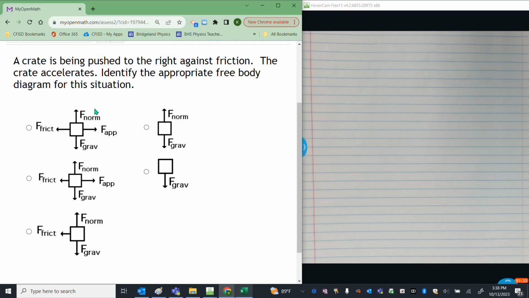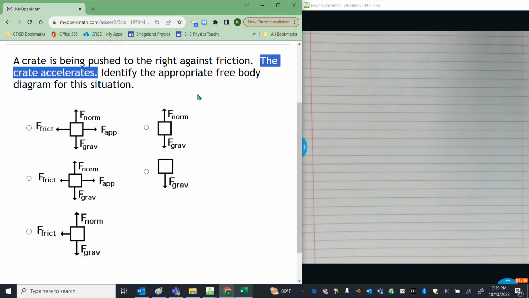The only difference between these two free body diagrams is the length of the friction vector. In the one on the top, the amount of friction is equal to the force that is applied. In the one on the bottom, or underneath it, the amount of applied force is greater than the force of friction. And so we need to choose it according to the scenario. In this particular question, it states that the crate accelerates.